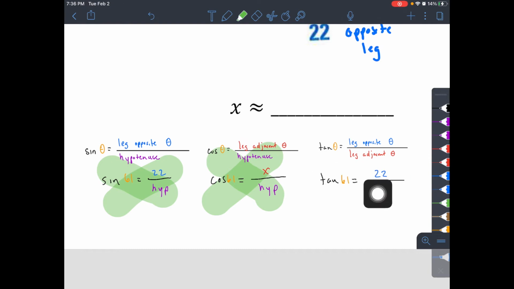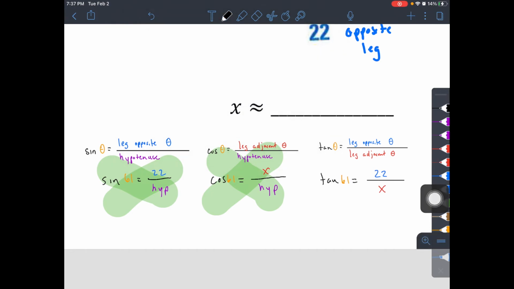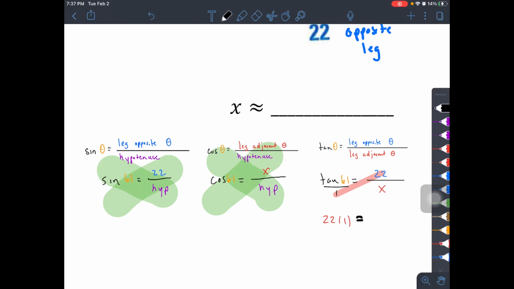So this is the problem I'm going to solve. I'm going to treat this like a proportion. So I'm going to make the tangent a fraction over 1, and now I'm going to cross multiply. So 1 times 22, and tangent of 61 times x.